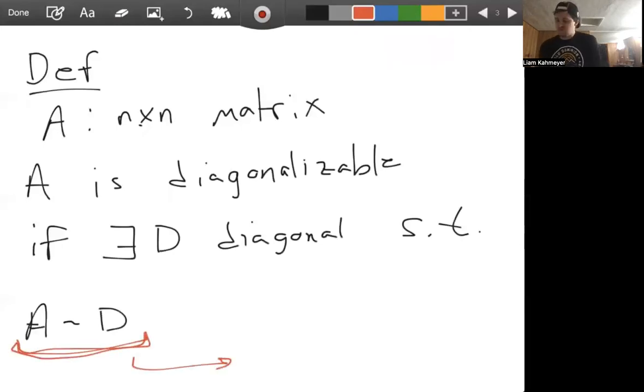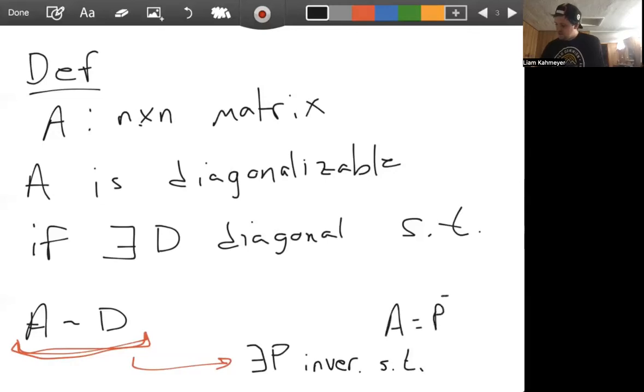If two matrices are similar, this means there exists an invertible matrix P such that A is equal to P inverse DP. This is the notion of similarity of two matrices. It's to see if you can find the existence of this invertible matrix P.